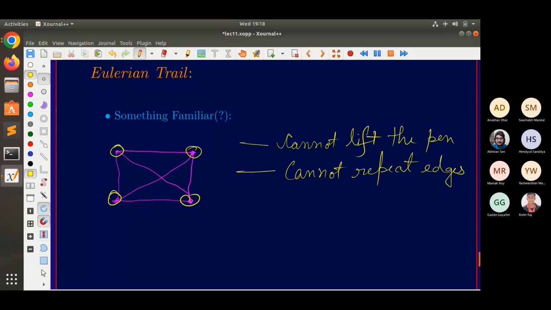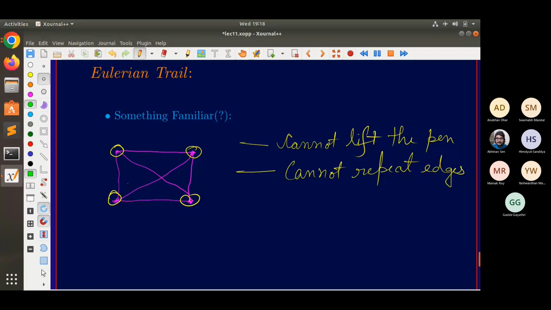Okay. So, formally, what are we asked to do? We are asked to find a walk starting at any vertex and ending at any other vertex, such that all the edges are covered exactly once.